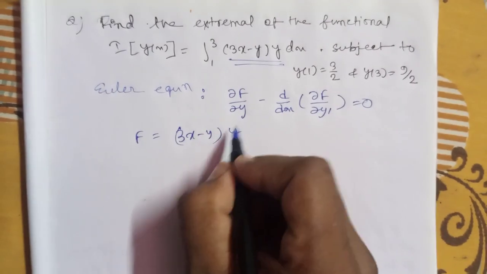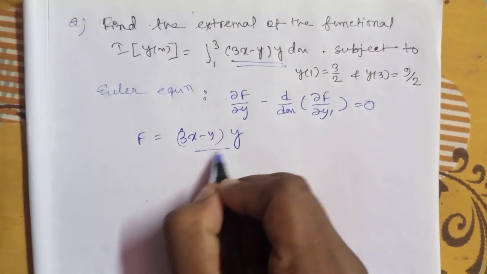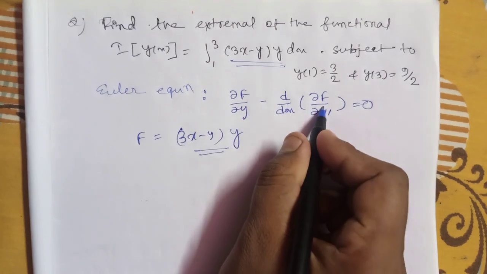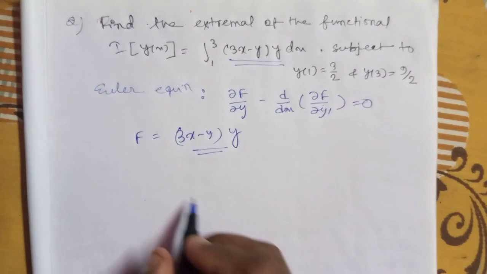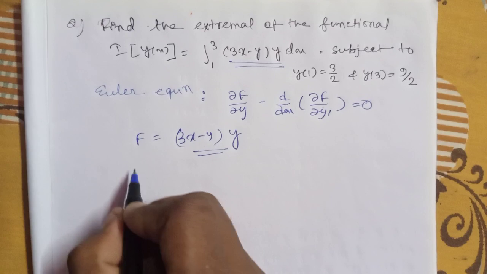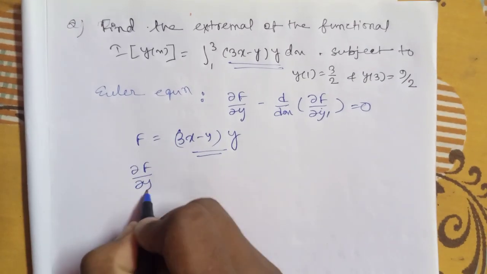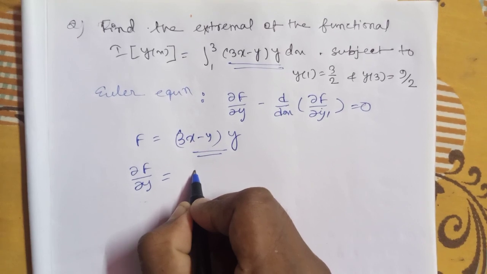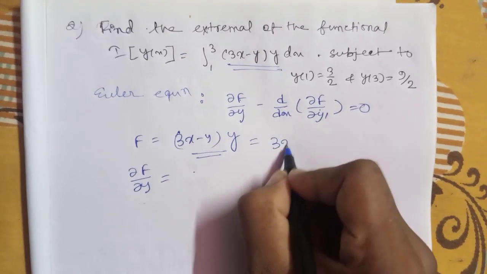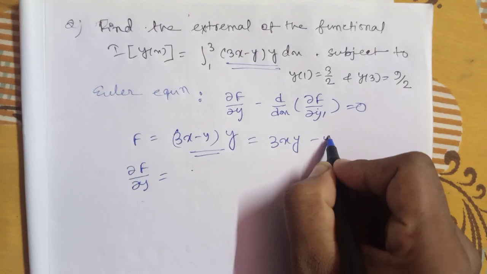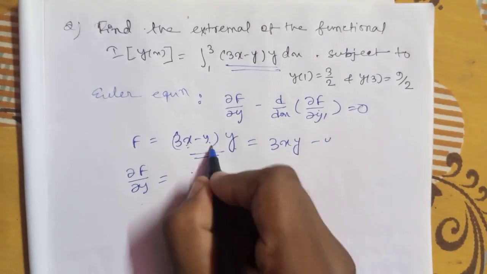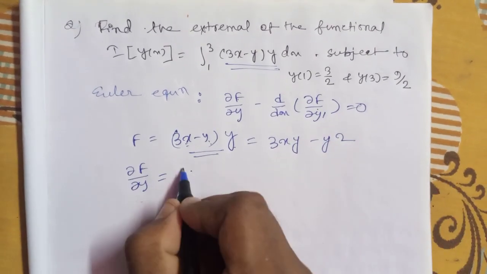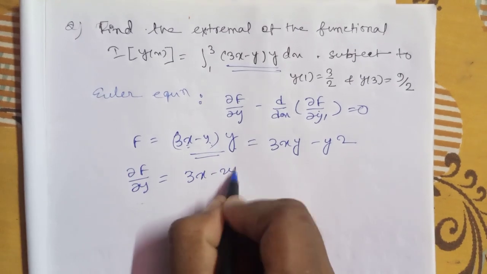So we have to put this value of f here and here, right? So what will we get? Del f by del y equal to, for simplification, we multiply this y with the two terms, so we get 3x minus 2y.